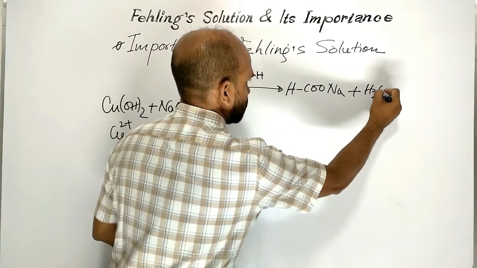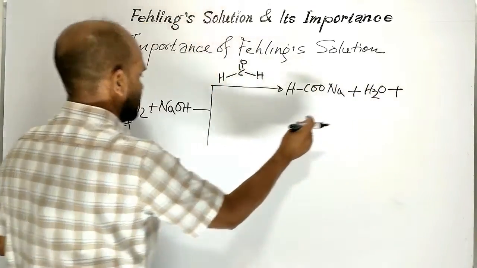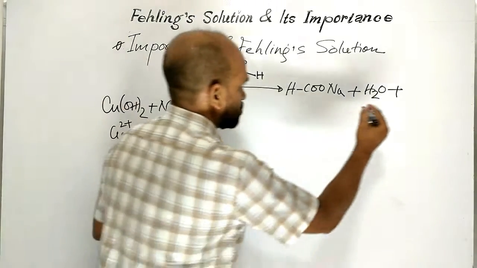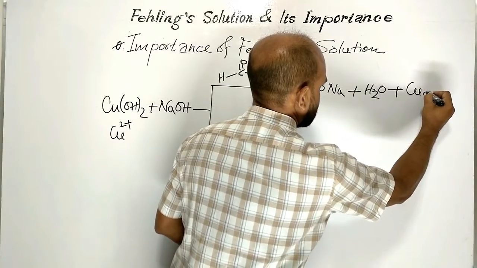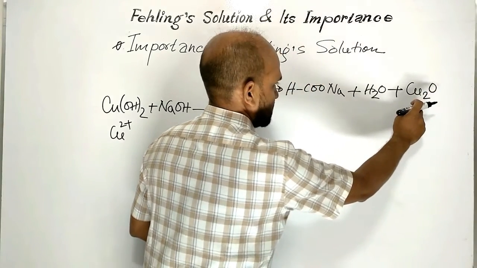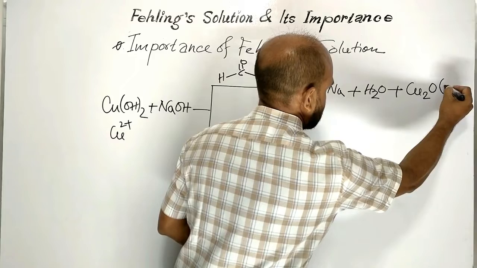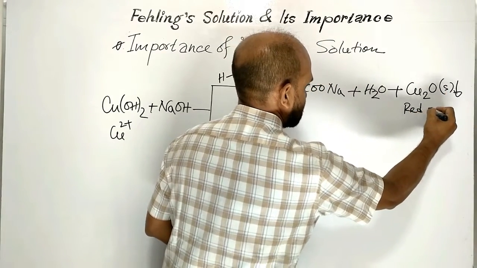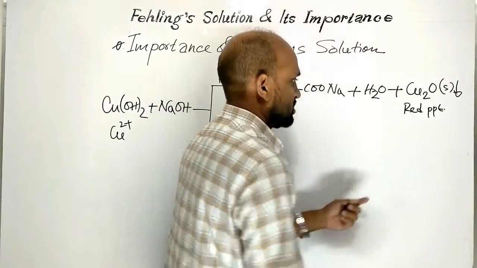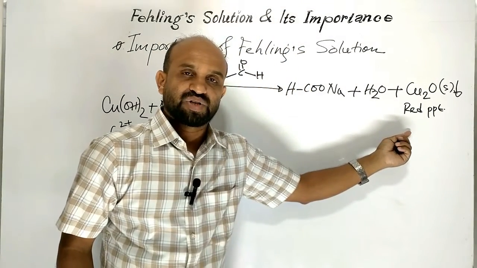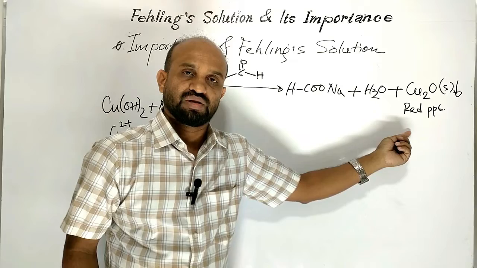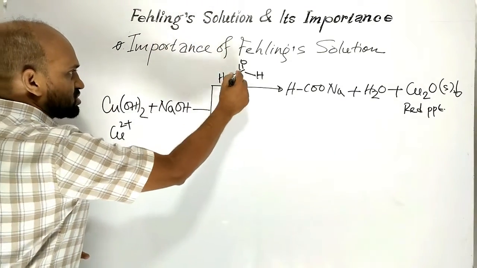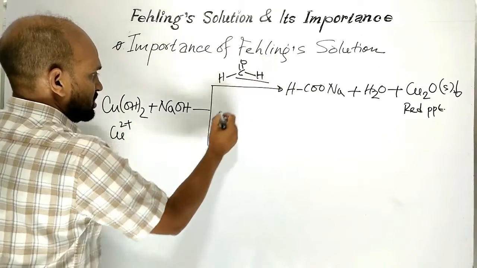Another byproduct is water, and finally copper 2 plus reduces to copper plus, that is cuprous oxide, which deposits as red precipitate. This red precipitate of copper oxide, that is cuprous oxide, confirms the presence of aldehyde.